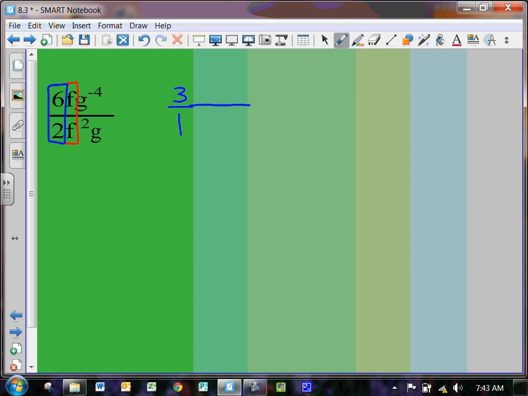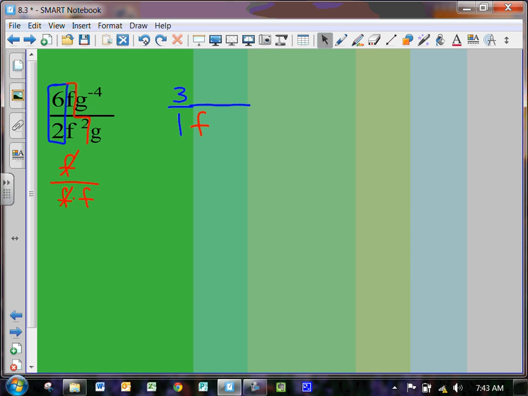So I've got an f and an f squared. So again, I would cross subtract those out. So what you're gonna do is it's f over f times f, because f squared is f times f. So one of these is canceled with one of those, and you're left with an f on the bottom.